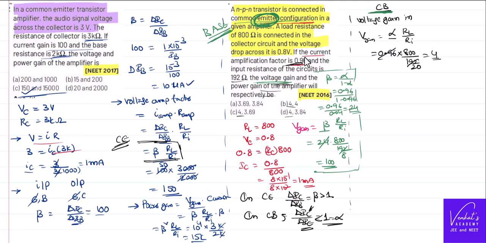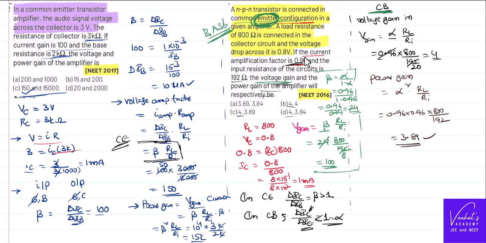Similarly, power gain equals voltage gain into current gain, that is alpha square into RL by RI, that is 0.96 into 0.96 into 800 by 192. If you calculate that value, you will get 3.89.